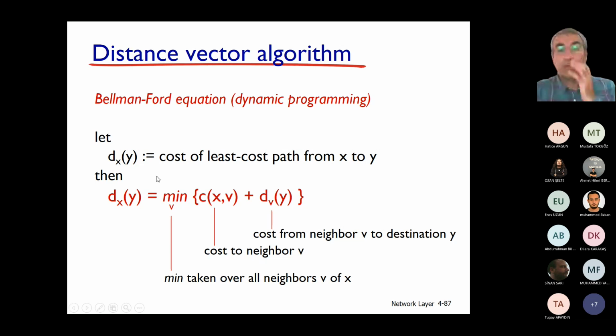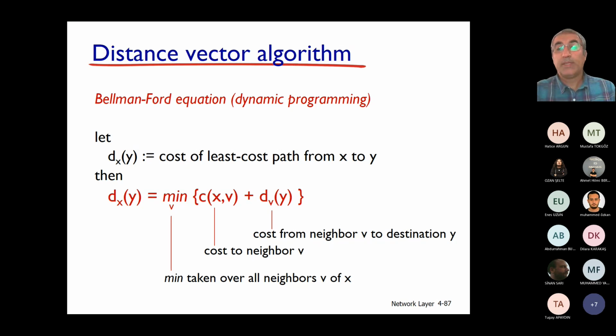So how do we assign a value? We utilize dx(y), the cost of the least cost path from x to y. And how do we calculate dx(y)? We take the cost to the neighbor v plus the cost from neighbor v to the destination y. Because there can be multiple routes to reach y from x using a middle node such as v in this case.